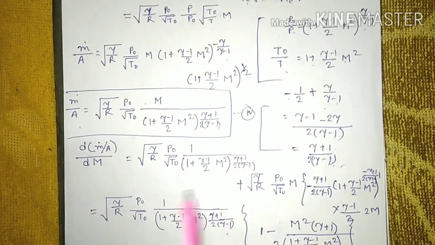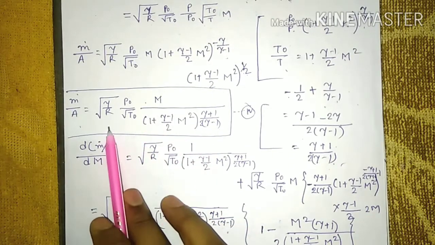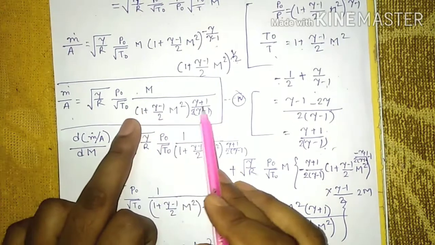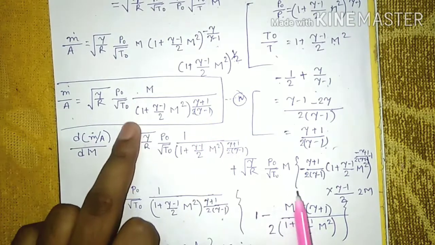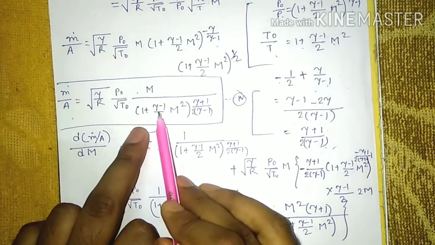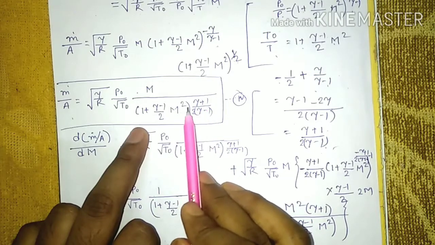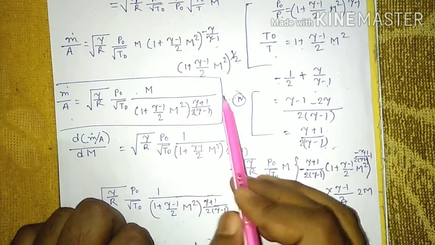Now this term is the same, and now we differentiate M with this term, so dM by M. Like x to the power minus n, if it goes to the upward direction, then minus n, so minus here, and these three terms are constant.